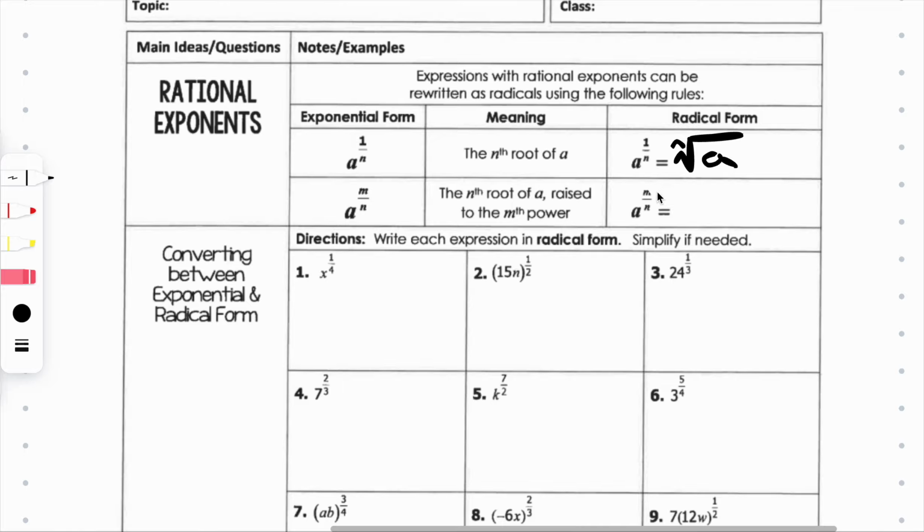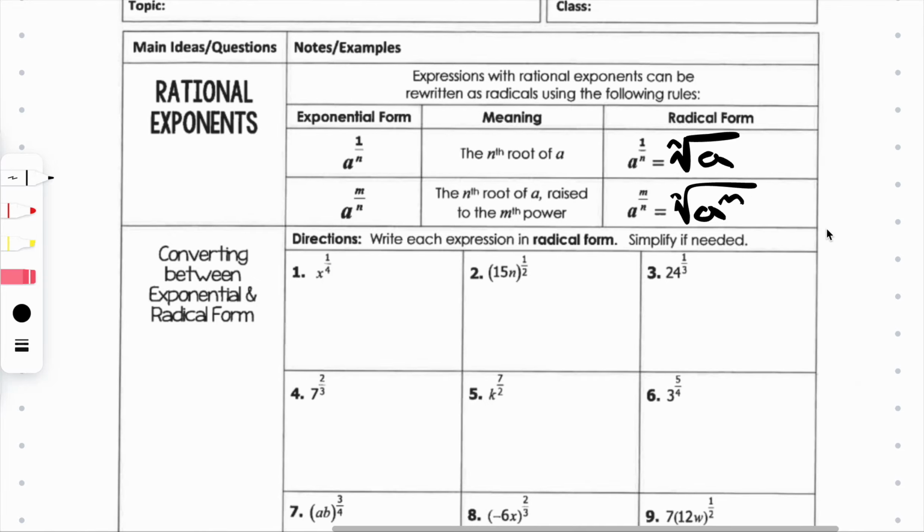Okay? And so, in the same vein, let me start from the beginning. For the second part, we have a to the m over n power. So we still have the nth root of a raised to the mth power. It's just like before, where we have n as our index and a there, but I'm going to raise a to the mth power, like that.